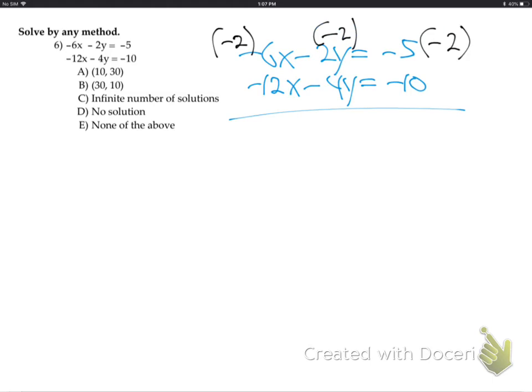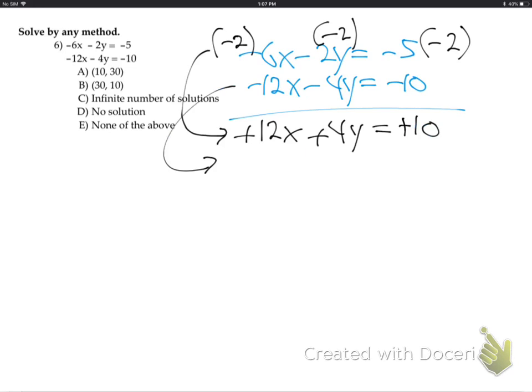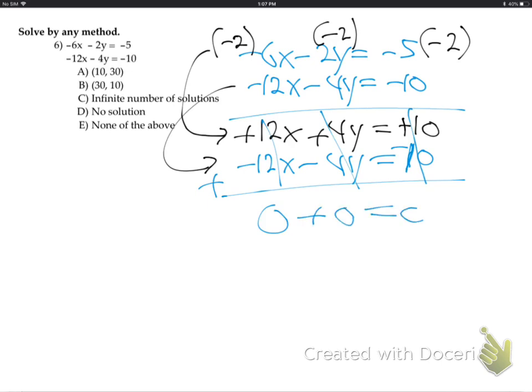And so that top equation will become plus 12x plus 4y plus 10. And then the bottom equation hasn't changed at all. Minus 10. So then when we add them up, gone, gone, gone, 0 plus 0 equals 0. Good so far? I was just trying to get x to cancel out and everything.